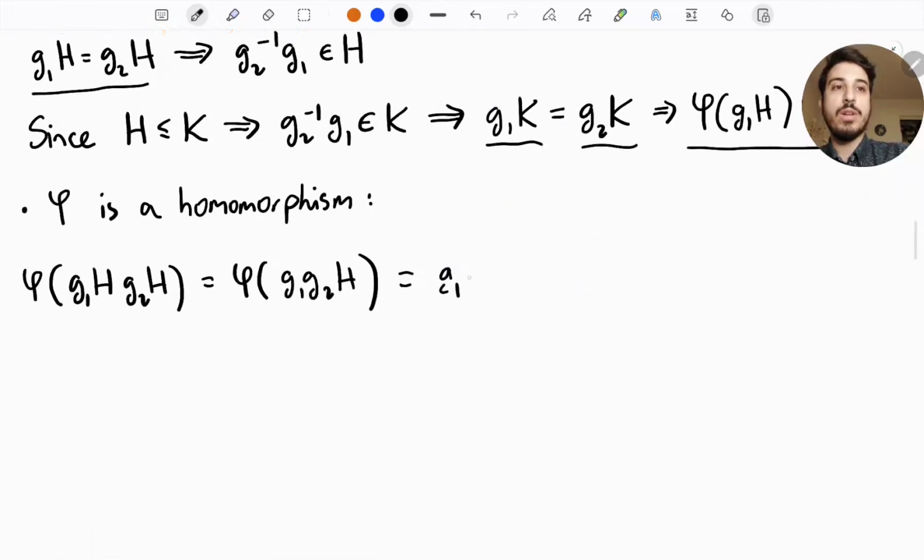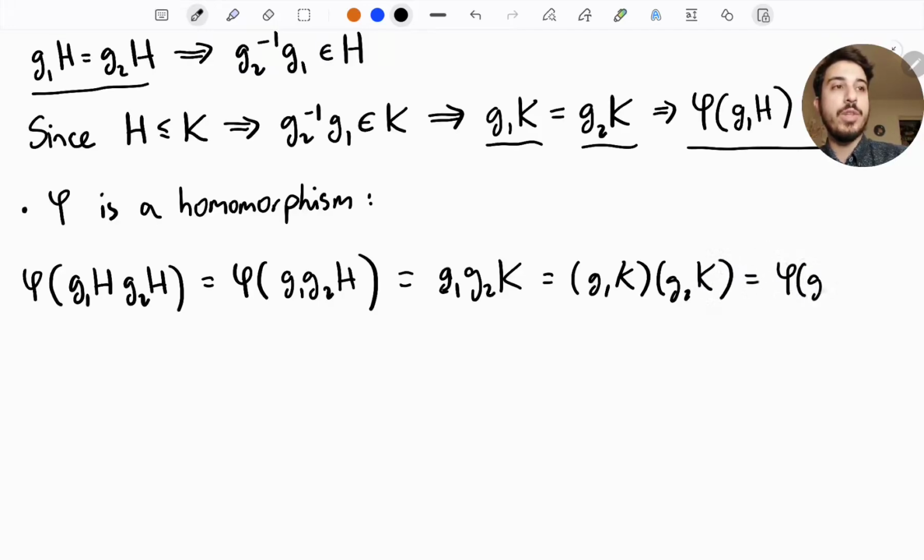So this is g1g2K, and by coset multiplication this equals g1K g2K, which equals phi of g1H times phi of g2H. We have successfully split up the phi of the elements, therefore phi is a homomorphism.